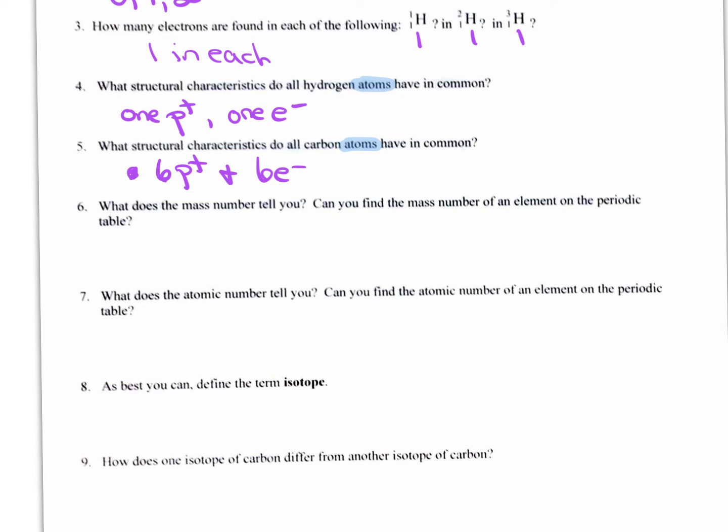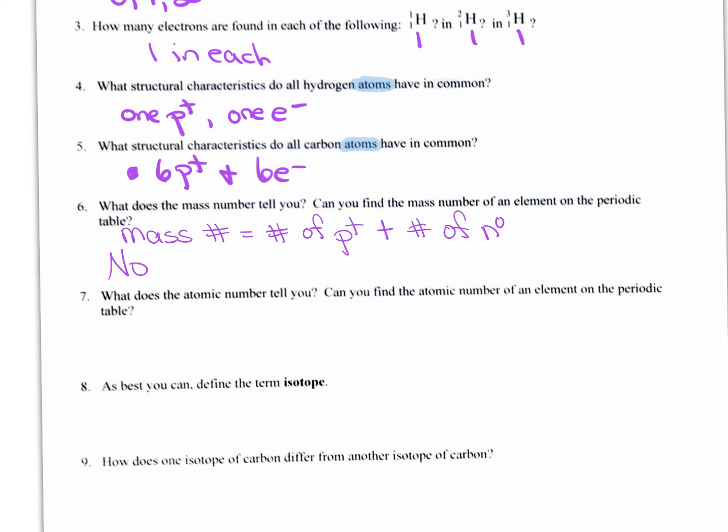What does mass number tell you? Well, I kind of already told you. Mass number is the number of protons plus the number of neutrons. Can you find the mass number of an element on the periodic table?